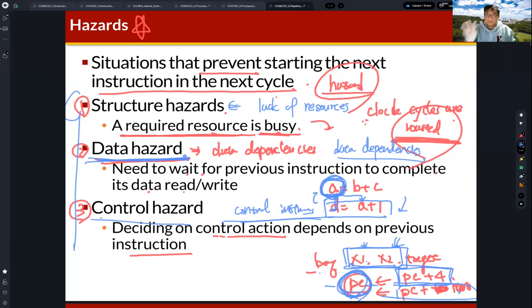And then there are three classes of hazard: structure hazard, because clock cycles are wasted because of lack of resources, and data hazard, because clock cycles are wasted because the required data is not ready in the pipeline architecture because of data dependencies. And then control hazard: clock cycles are wasted because of control instructions.